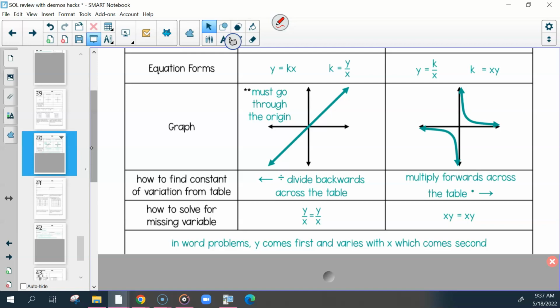And then if you want to see one of the word problems, we'll do one of those, but not both. Anyone still writing this down? You can put the equation in to see what it graphs and see if it's direct or inverse, but you have to know if it's direct or inverse.